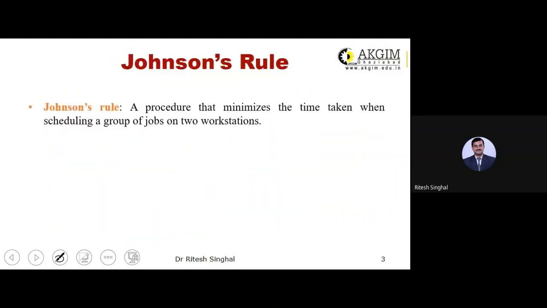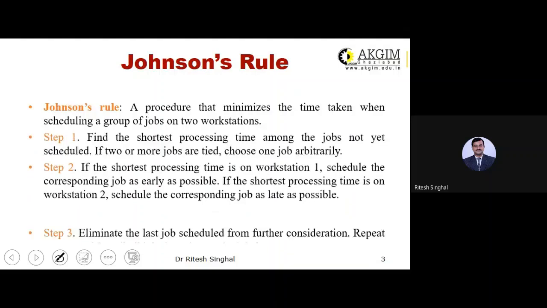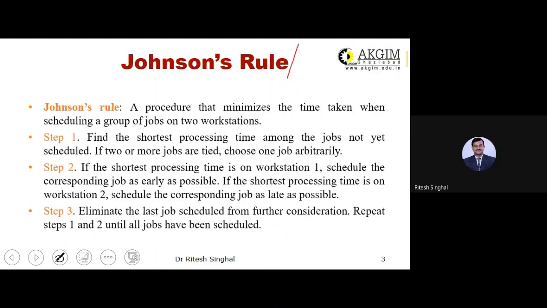One important basic method or rule or algorithm that we are going to use here is called Johnson's algorithm. This is one of the important methods of solving sequencing problems.